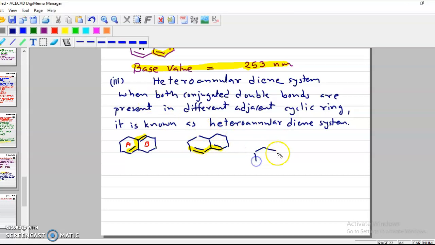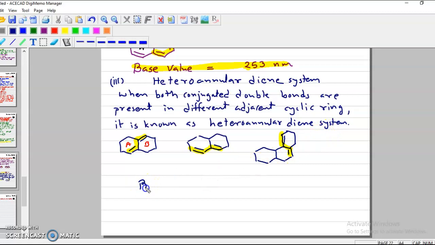If more than two rings are present, like this, then it can be like this also, where double bonds are present in different rings. That is very important, and they should be in alternate position. Then and only then we consider this as heteroannular diene system.